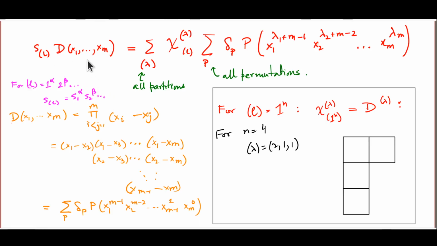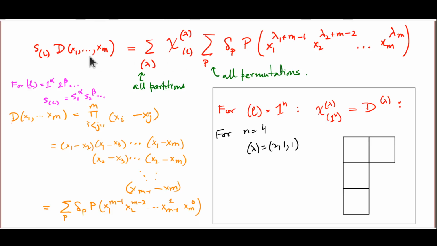We then went on to multiply this by the totally alternating function in m variables, D(x1 ... xm), and this totally alternating function could be expanded in terms of these totally alternating functions on the right hand side, where each term had to have strictly decreasing powers of x, and all possible antisymmetrized combinations imposed by permutations would be allowed. The coefficients would give us the corresponding simple characters.